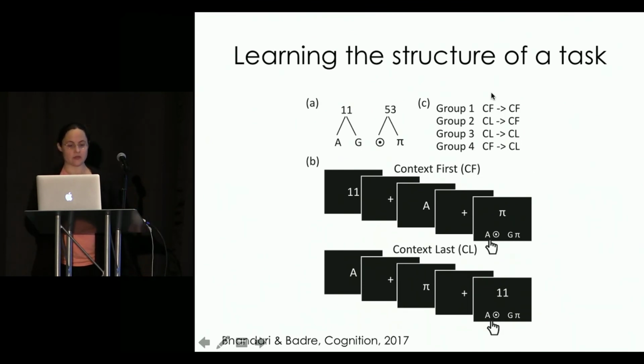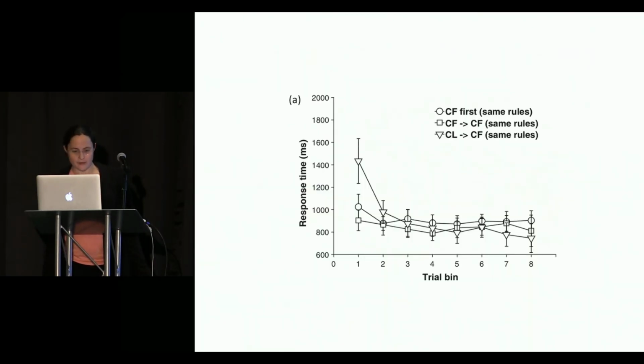Some participants did the same two conditions in a row. Some did them in different orders. And what they were looking for was whether having learned to solve this task in a certain way that's optimized for the condition would give them a benefit. And that's what they found.